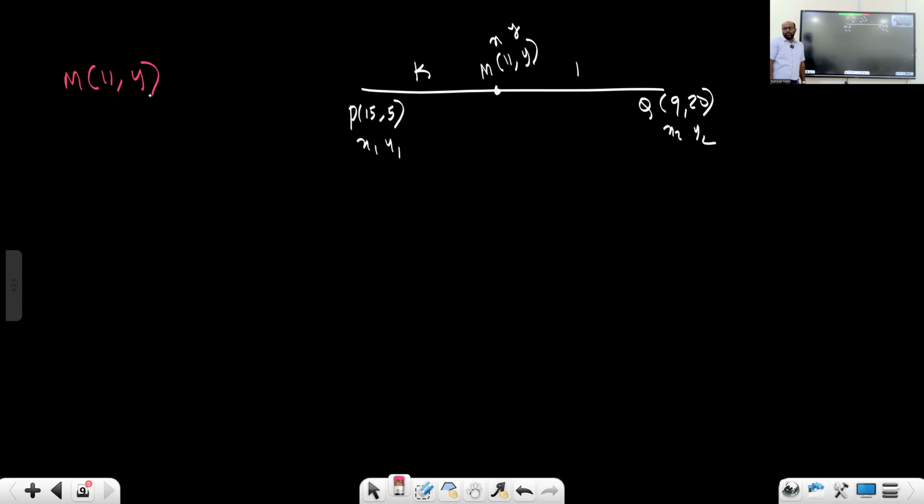M(11, y) divides PQ in the ratio K is to 1. Therefore, by section formula, x equal to Kx2 plus x1 by K plus 1, y equal to Ky2 plus y1 by K plus 1.